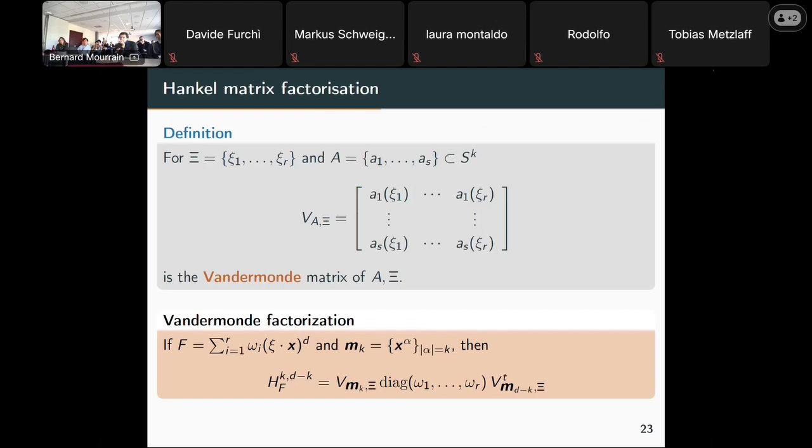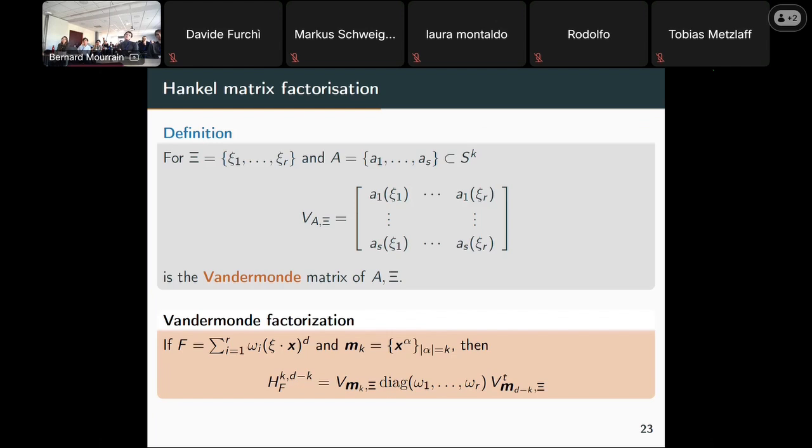If you remember, we have the SVD for matrices: U, the diagonal term, and the transpose of V. Here it's similar, except that we ask for a specific structure on the factors: they should be Vandermonde matrices. And this space of Vandermonde matrices is in fact an algebraic variety, but it's non-trivial to describe.